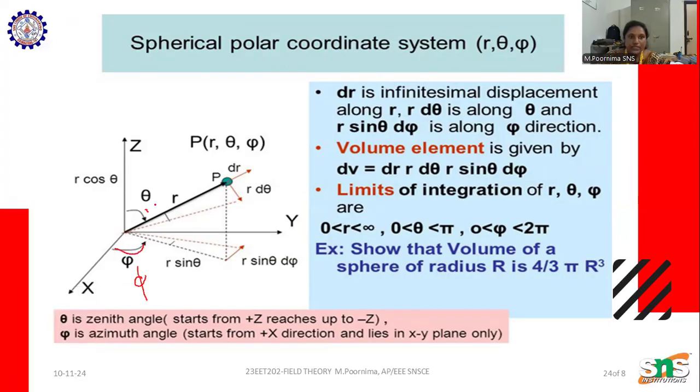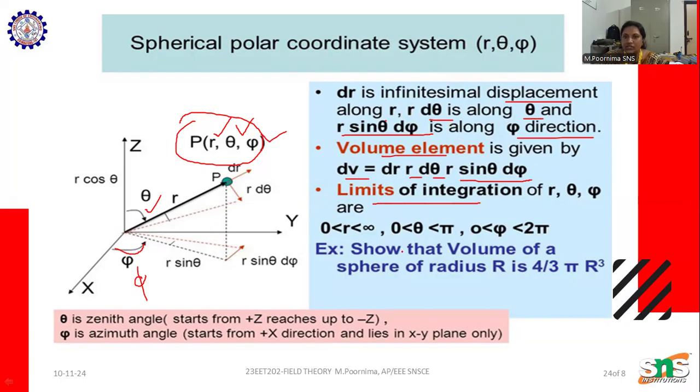The point is represented by r, theta, and phi. dr is the infinitesimal displacement along r, r d theta is along theta, and r sine theta d phi is along the phi direction. The volume element is given by dv equals dr times r d theta times r sine theta d phi.